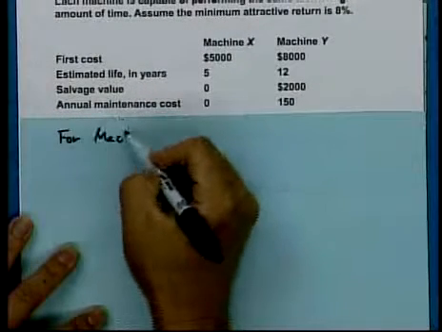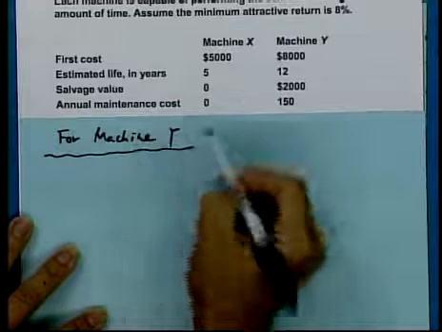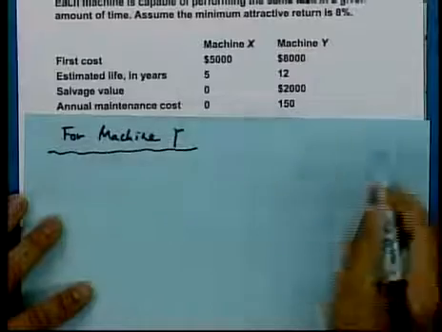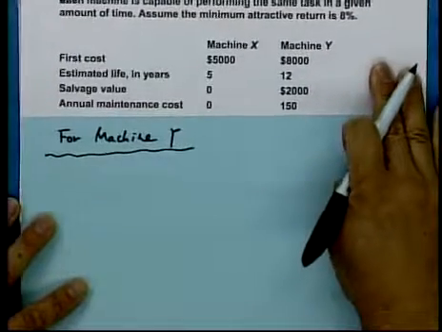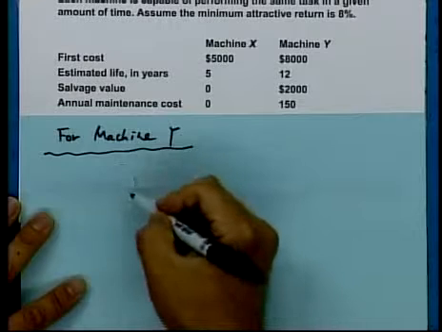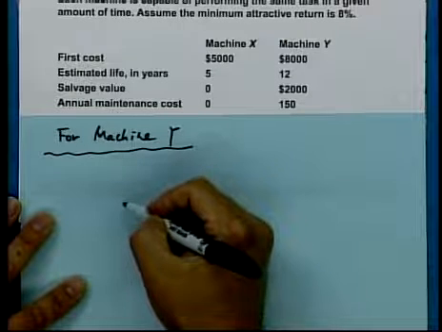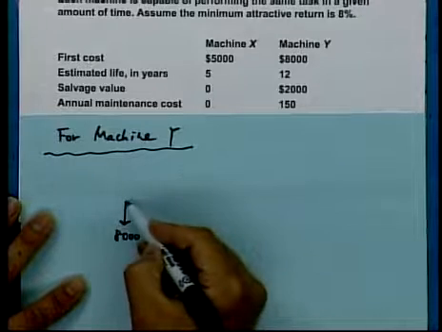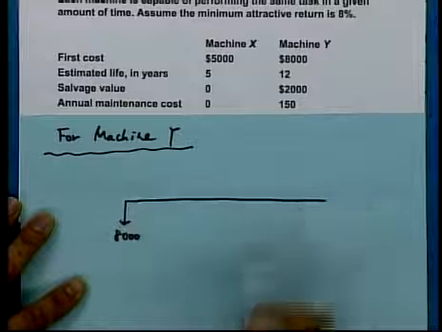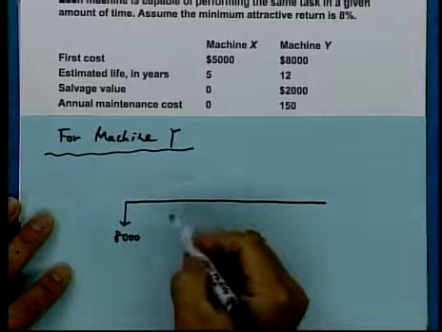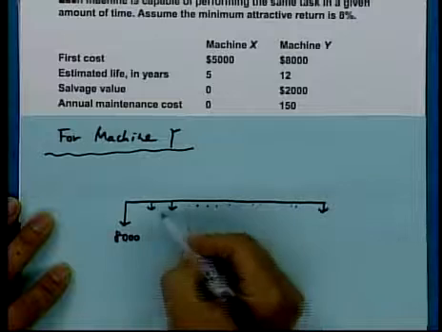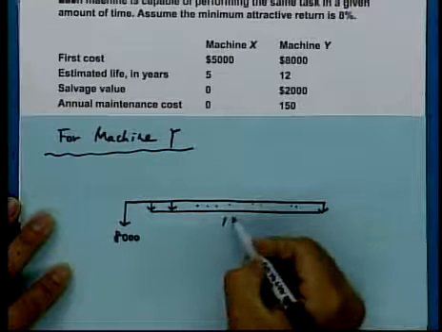For machine Y, the first cost of $8,000 is required, and then for the next 12 years, annual maintenance cost of $150 is required.